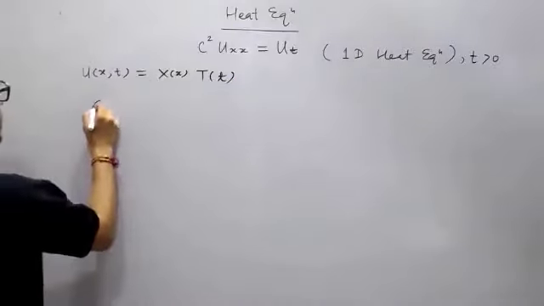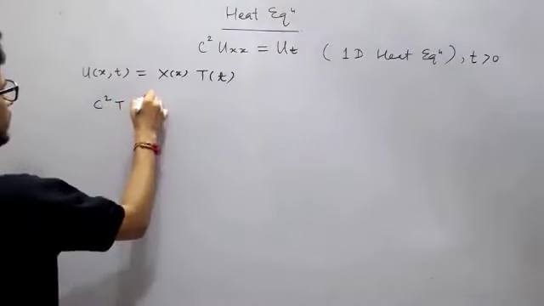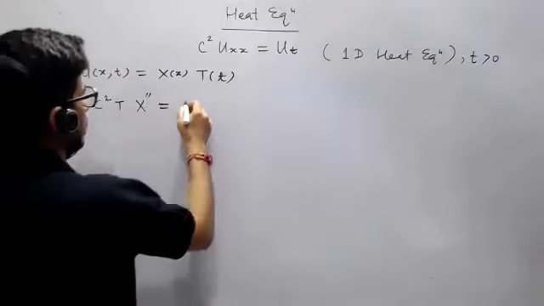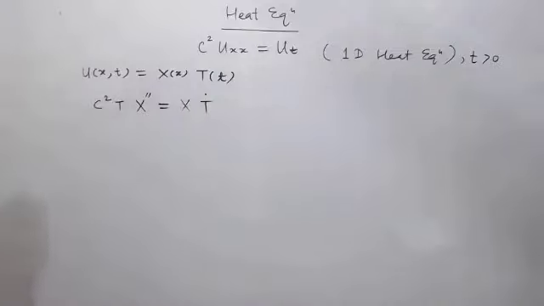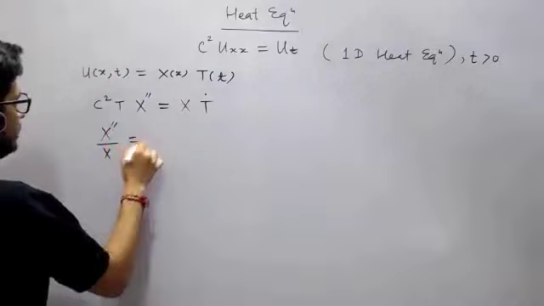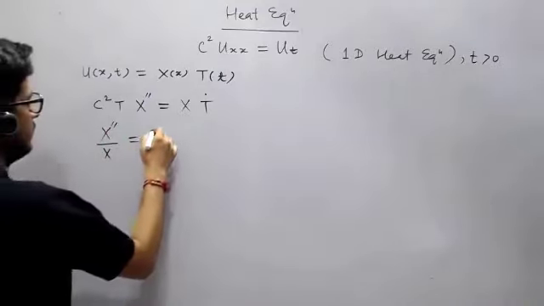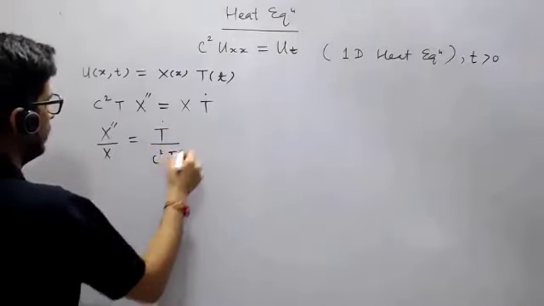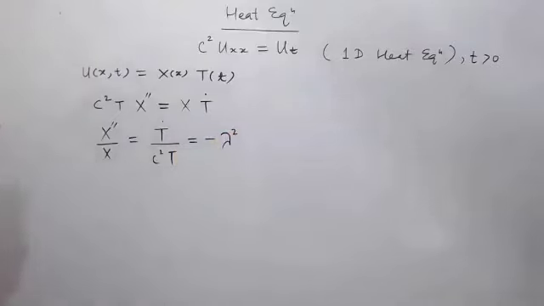So it will become c square T X double dash is equal to X T dot, and if you divide it, it will become X double dash by X is equal to T dot by c square T, and this should be equal to some minus lambda square.